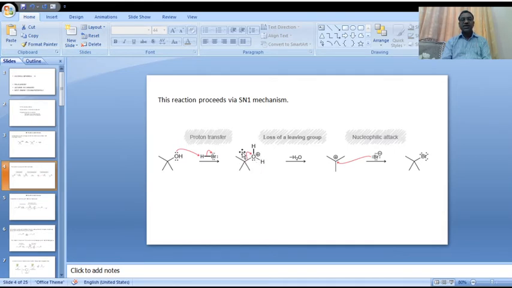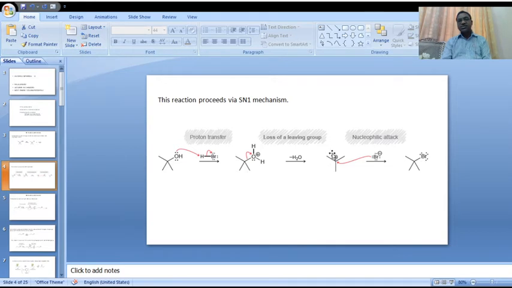From this unstable protonated alcohol there is immediate loss of the leaving group, here the water molecule.